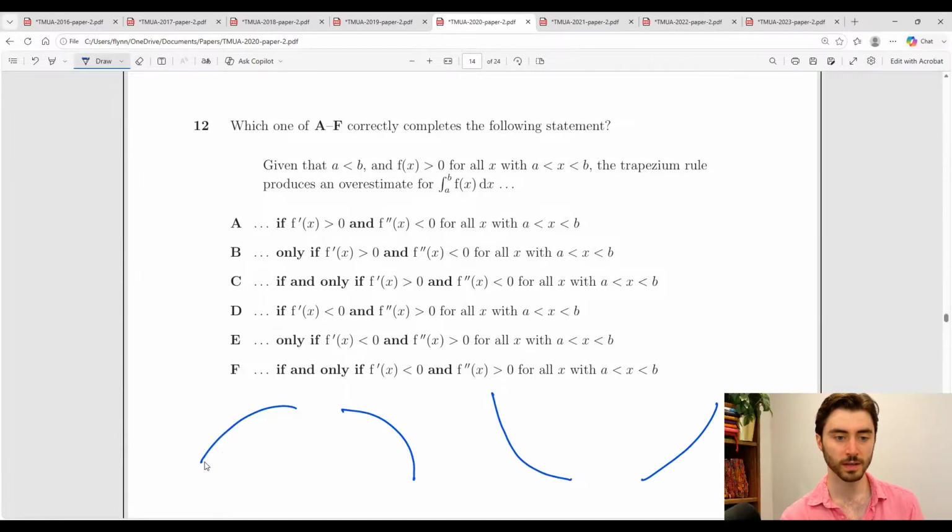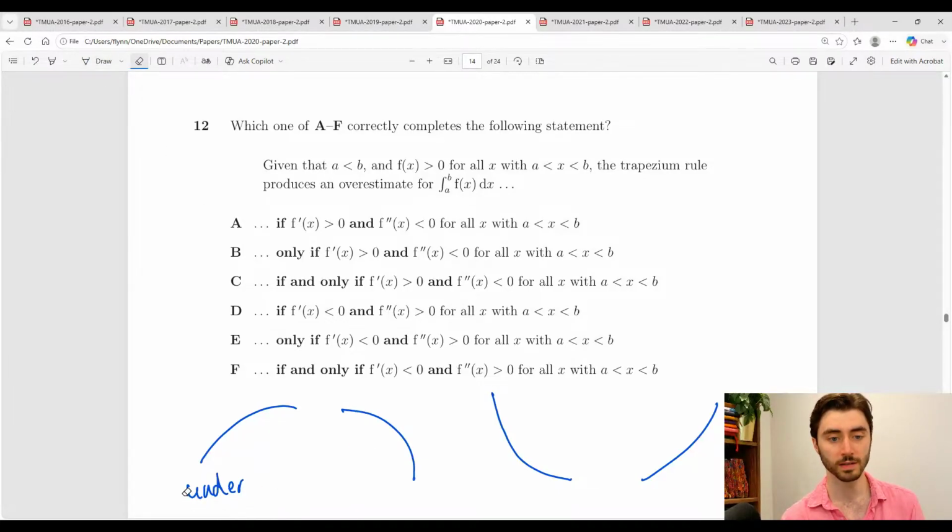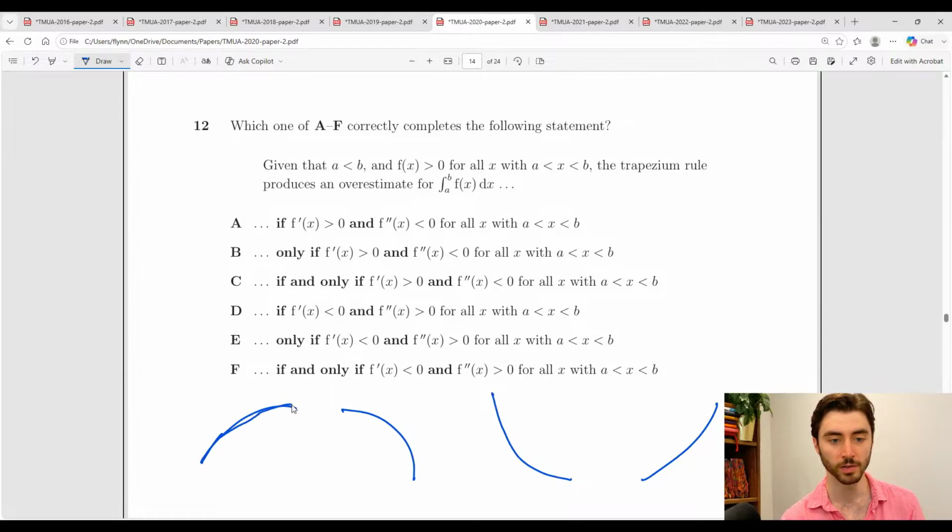So if we have this, then the trapezium would be an underestimate on both of them, because the lines of the trapezia that you would approximate this to lie under the curve. So these are both underestimates, and these will both be overestimates because the lines approximating the curve lie above the curve.